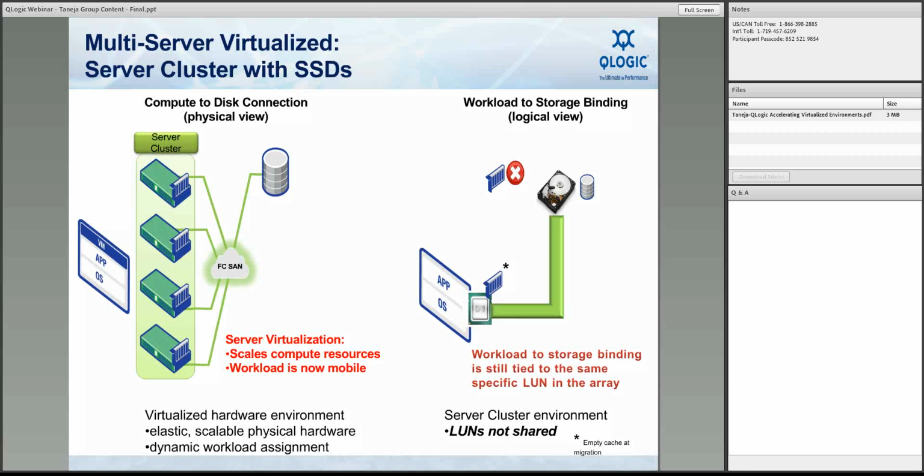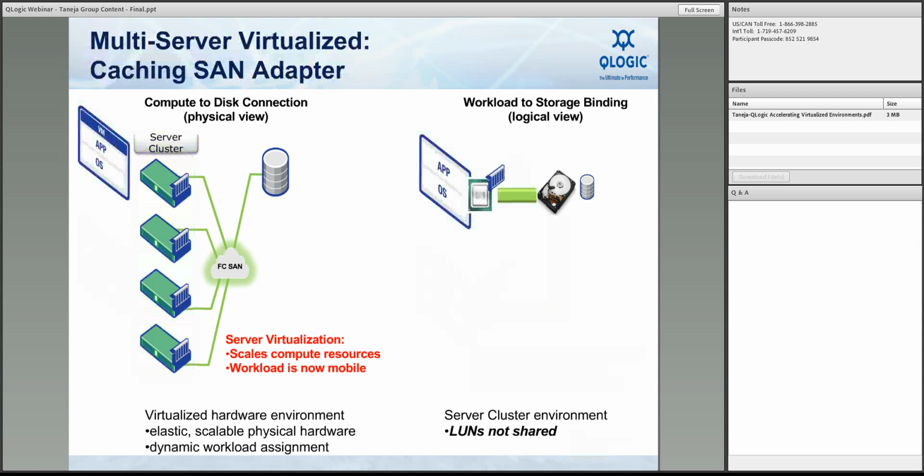So this type of captive cache approach, captive meaning the cache has to remain inside the server and is not migrated, does not work for a multi-server environment using industry standard type of SSDs.